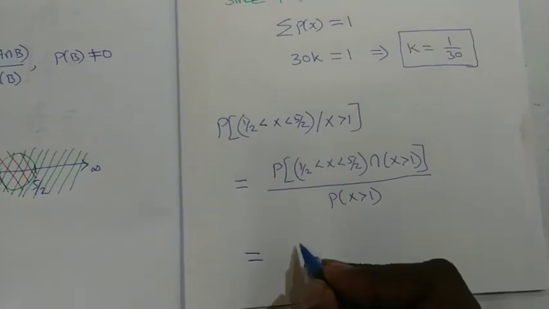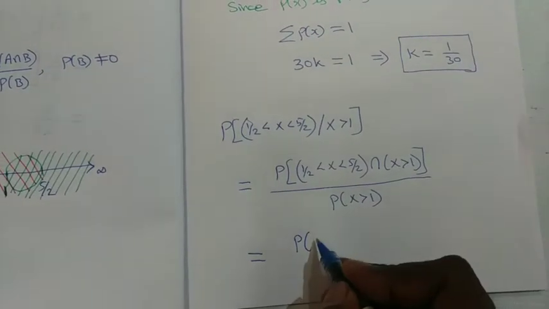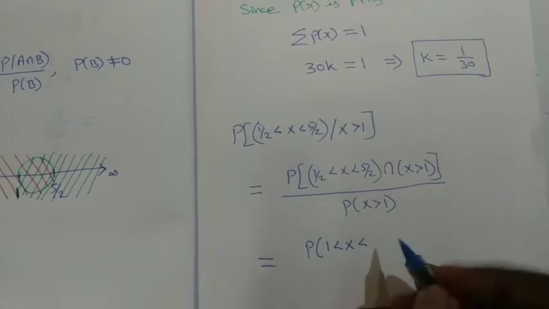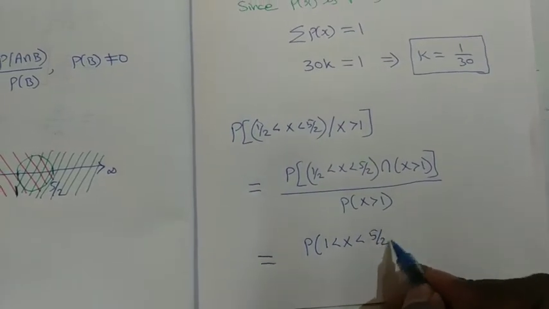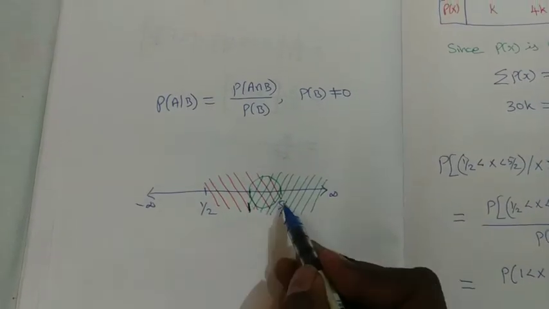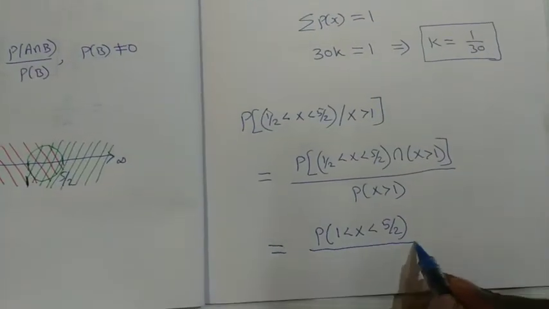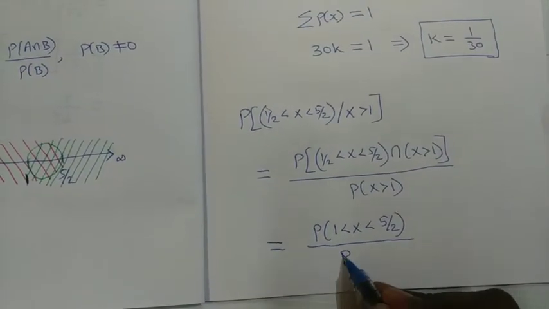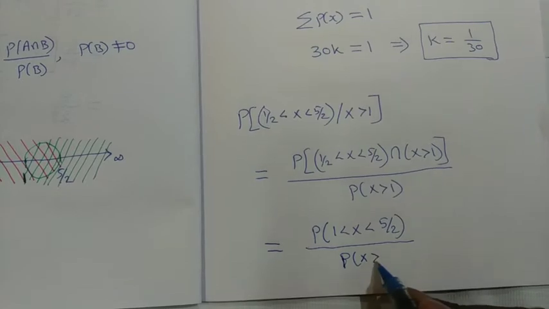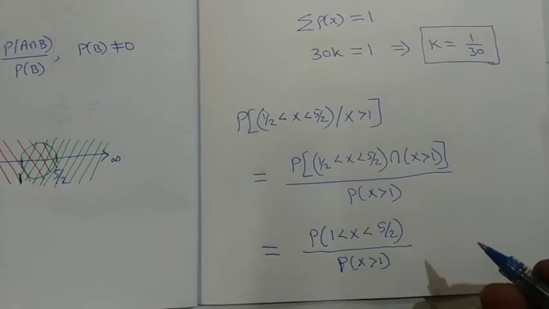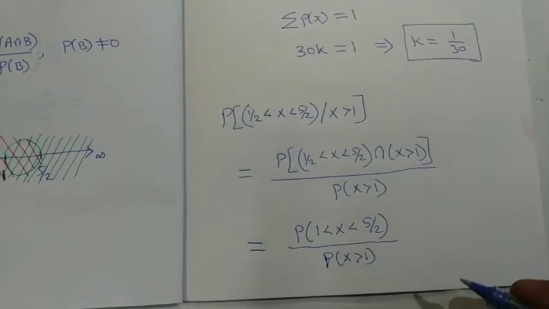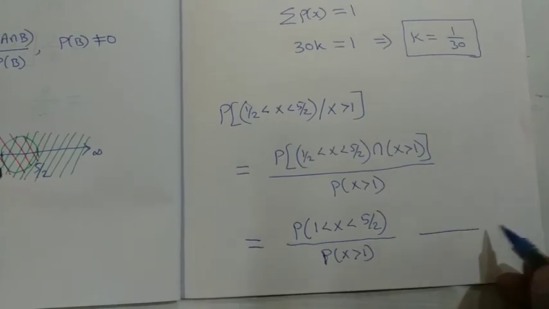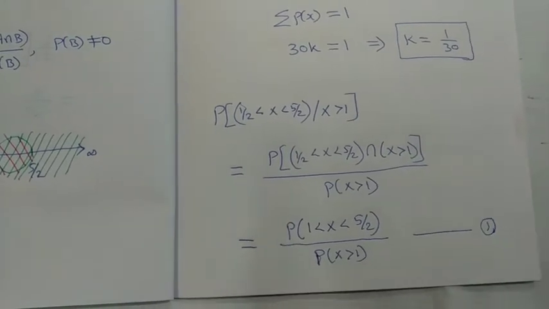So for the numerator, P of 1 less than x less than 5 by 2, from the diagram between 1 and 5 by 2, divided by P of x greater than 1. So I am going to find the numerator and denominator separately and then substitute here; take it as equation number 1.